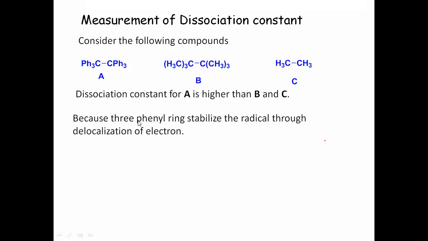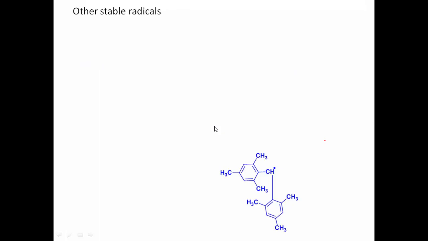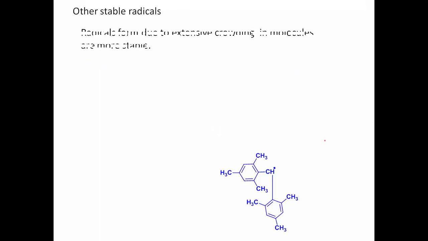Because three phenyls are there which stabilize this radical, we can say the dissociation constant will be higher for A compared to B and C. And which has the least dissociation constant? This C. C definitely would have the least dissociation constant.